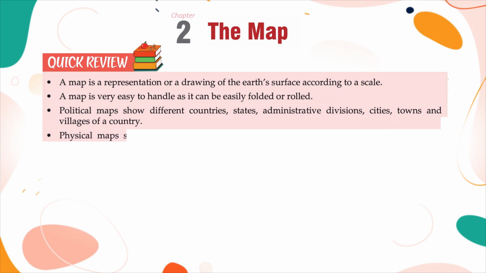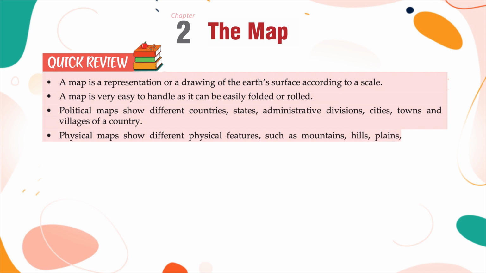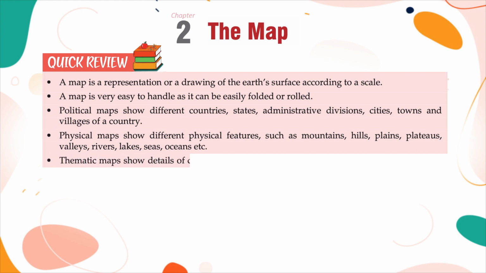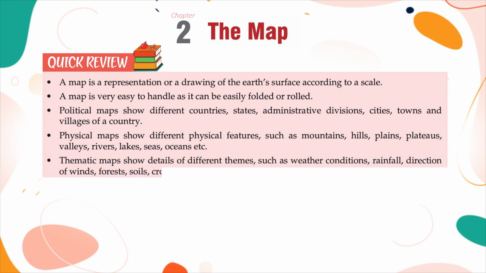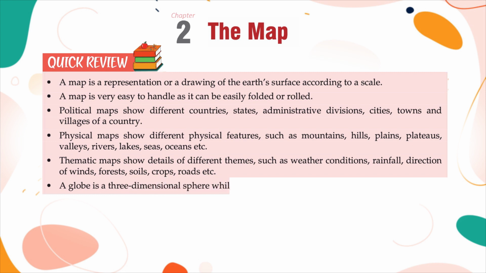Physical maps show different physical features such as mountains, hills, plains, plateaus, valleys, rivers, lakes, seas, oceans, etc. Thematic maps show details of different themes such as weather conditions, rainfall, direction of winds, forest, soils, crops, roads, etc. A globe is a three-dimensional sphere, while a map is two-dimensional.